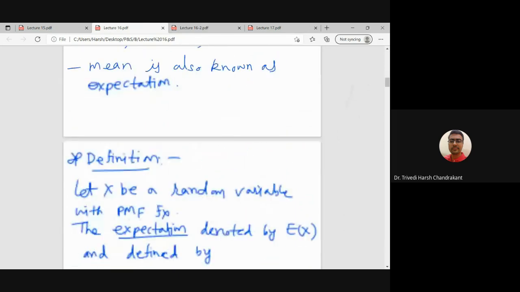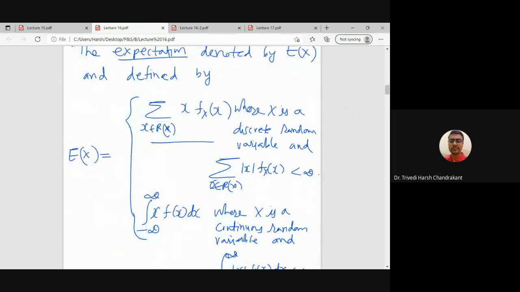So expectation we defined in two different cases. Every time we have two cases: the random variable is discrete or the random variable is continuous, depending on the range of the random variable. So we defined the expectation of a given random variable to be this quantity whenever the random variable is discrete, and in terms of integration whenever it is continuous.